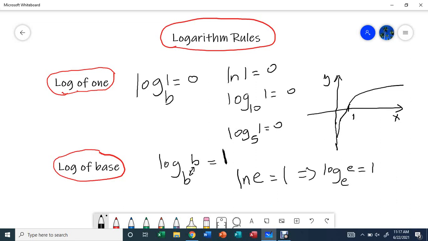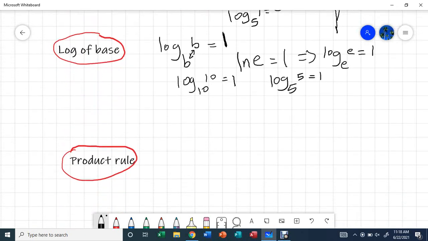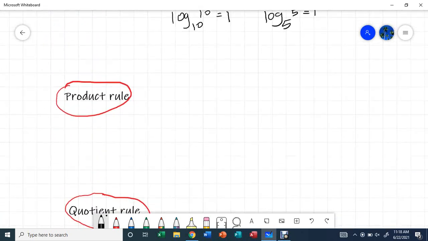Another example, log base 10 of 10 is 1. Log base 5 of 5 is 1. It is just this easy. So just remember the rule of the base.